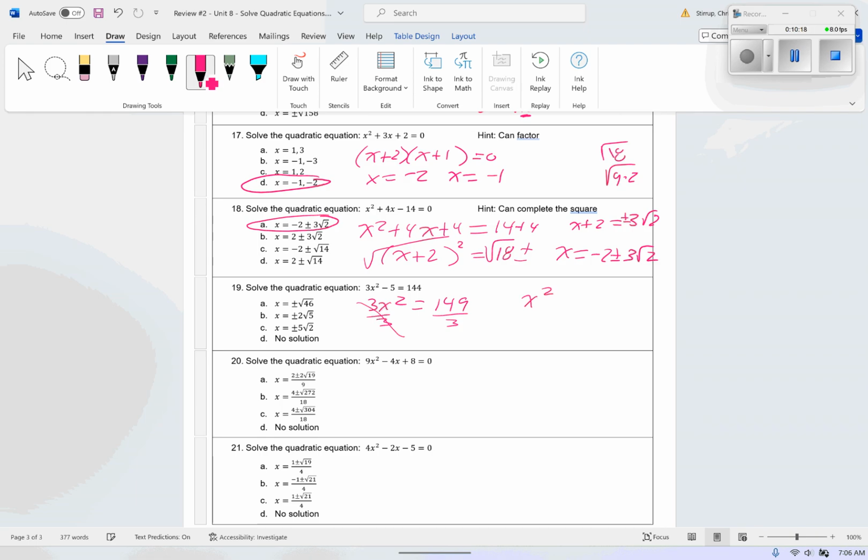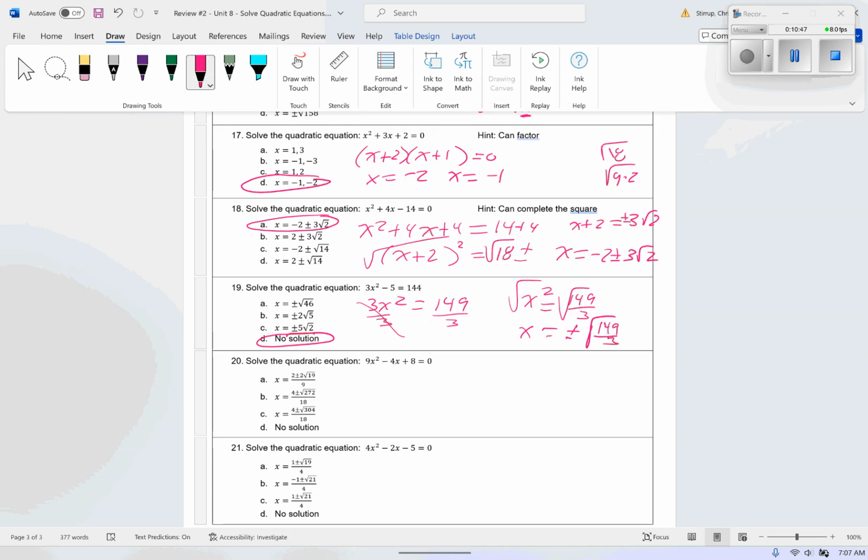So I get x squared equals 149 over 3, which is not going to reduce. It doesn't look like we have a solution here, because technically the answer is going to be x equals plus or minus the square root of 149 over 3, and I don't see any of those there, so I don't think we have a solution that's listed. Okay, that might have been a misprint, but hey, let's go with it.